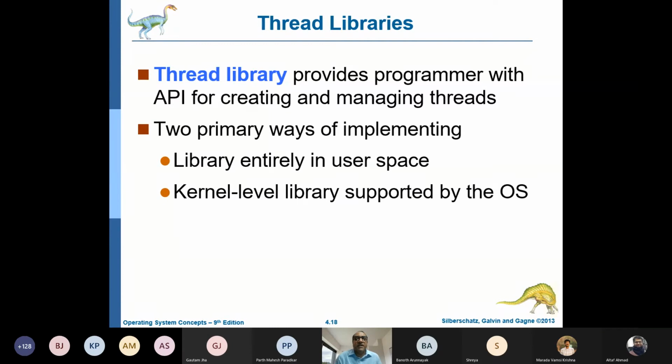Therefore it doesn't need any thread-related functions. So in the many-to-one model, the thread library is entirely present in the user space, whereas in other models like one-to-one, many-to-many and two-level models, thread libraries are available both in the user space as well as in the kernel space.